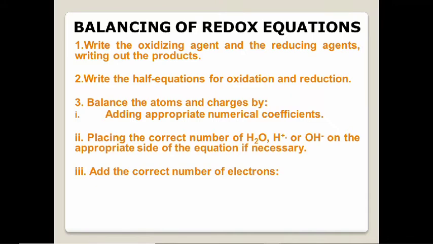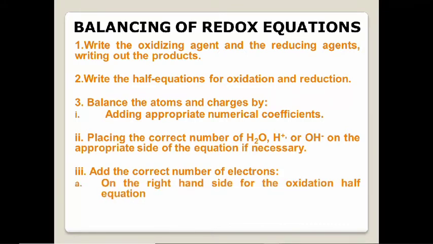Then the next stage is to balance the charges. In balancing the charge, you need to add the correct number of electrons, and the electrons should be added in this sequence.